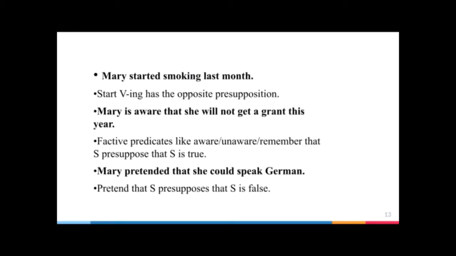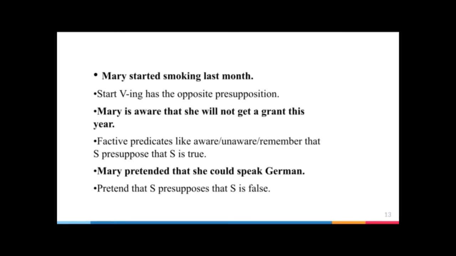We have also the verb start, and then the verb in ing has the opposite presupposition. Mary started smoking last month. So we can presuppose that Mary didn't smoke before that. So she didn't used to smoke, and now she started smoking since last month.